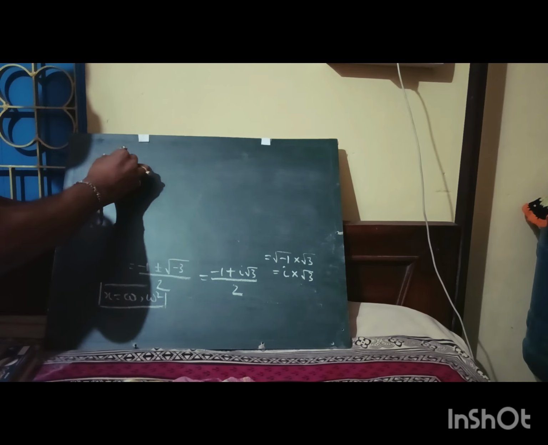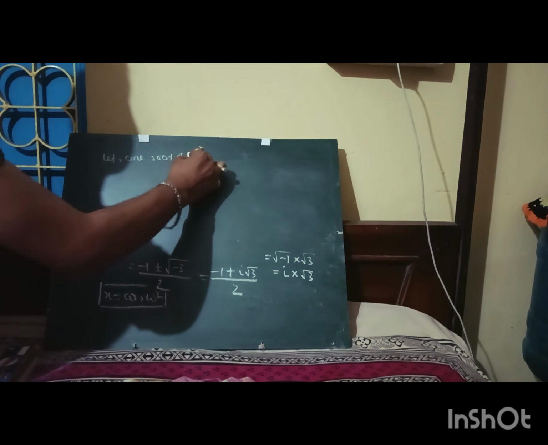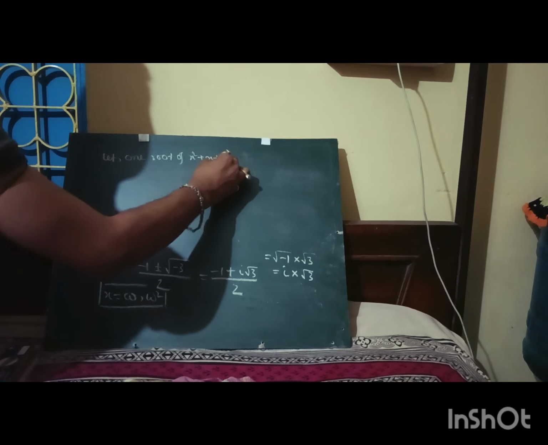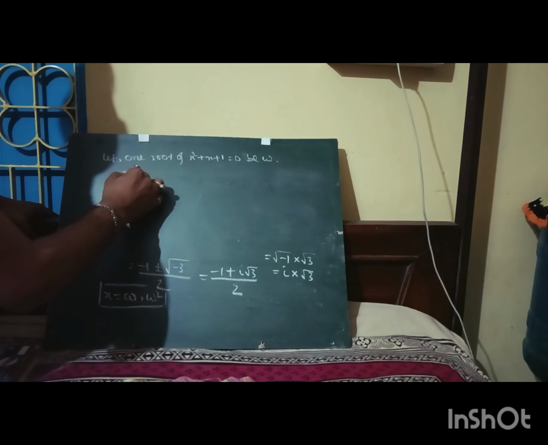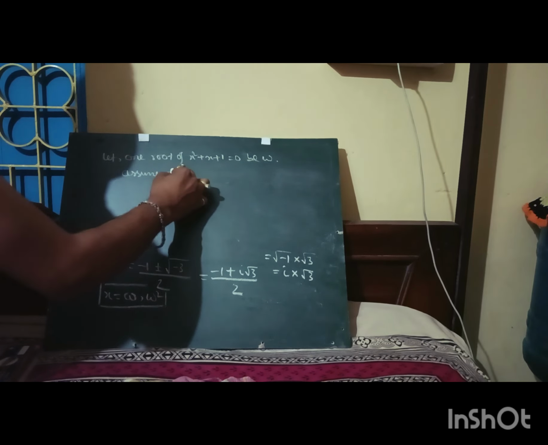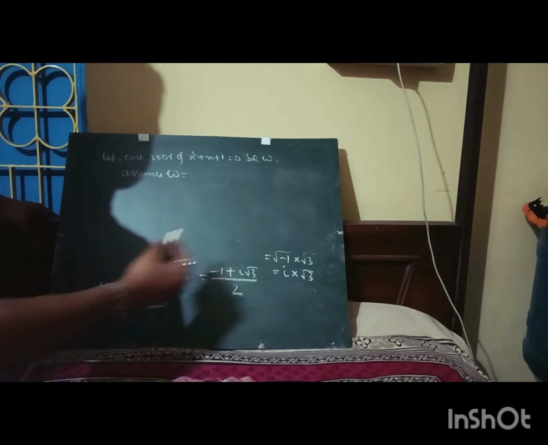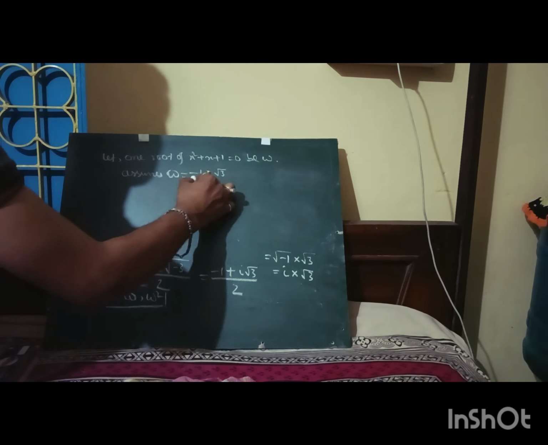Let one root of x square plus x plus 1 equal to 0 be omega. Let or assume omega is equal to minus 1 plus root 3 by 2.